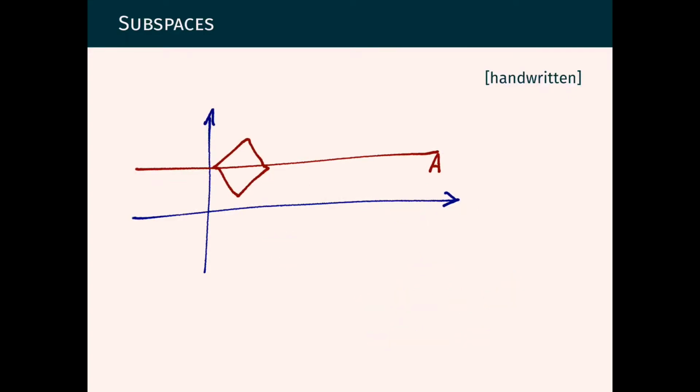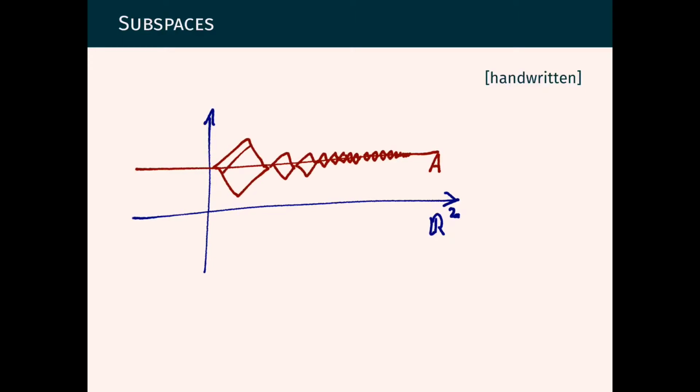If our set A is a subspace, or the translation of a subspace, a linear subspace of our Euclidean space, in this case R^d with d equals 2, suppose we want to measure a set A which is a subspace. So here the set A is just a line, and we want to show what the measure of A is.